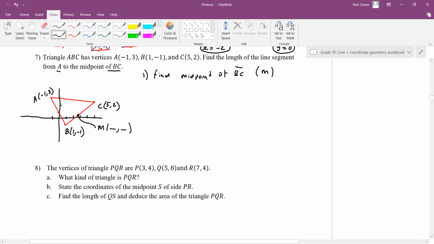And I want to find the length of the line segment from A to M, from A to the midpoint of BC. So you need to find this length here. So you know how to use the length formula already, because that was in the last homework.